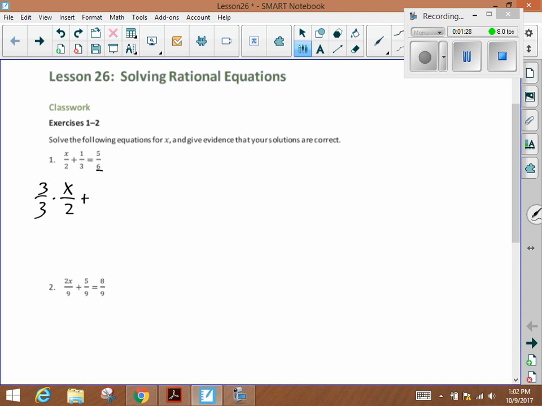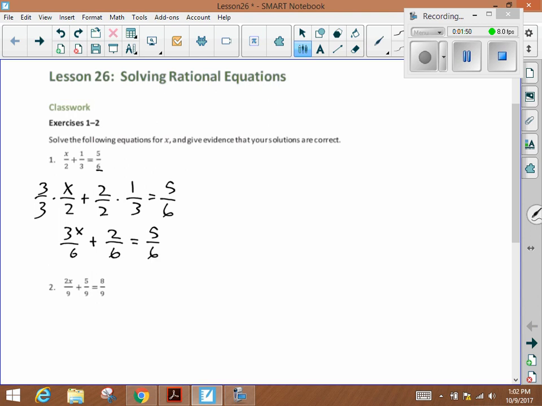I would have to multiply the 1/3 by 2 over 2, and then I would just leave this alone, which would give me 3x over 6 plus 2 over 6 equals 5/6.